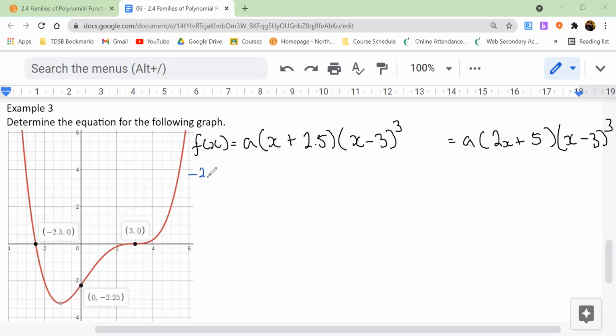So negative 2.25 is equal to a times 0 plus 2.5, and then 0 minus 3 cubed, which is negative 27 times that. Ooh. Negative 27, 27, 54, 27, 54 plus 13.5. 67.5.